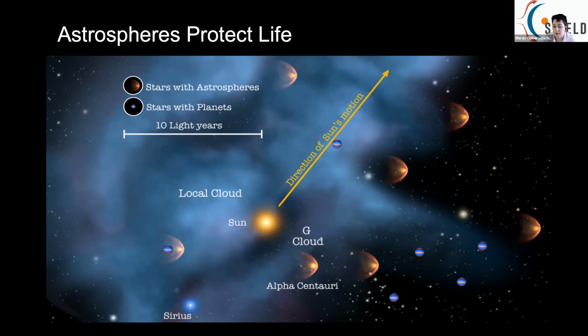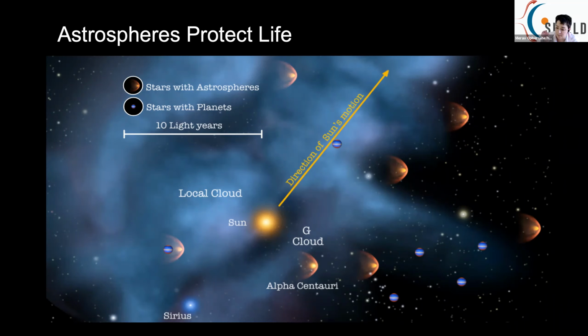So for us, the sun, or for stars near us, they're all surrounded by astrospheres, which we detected indirectly. Again, in a bigger picture, in this search for life, where we're looking for other planets around stars, you have to realize that those planets are sitting well within those astrospheres.